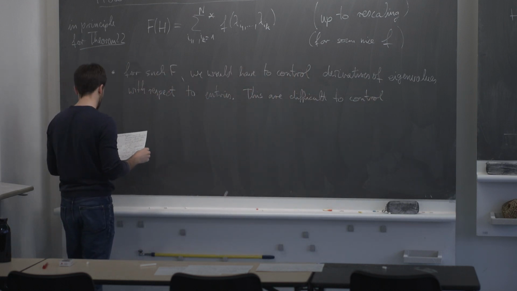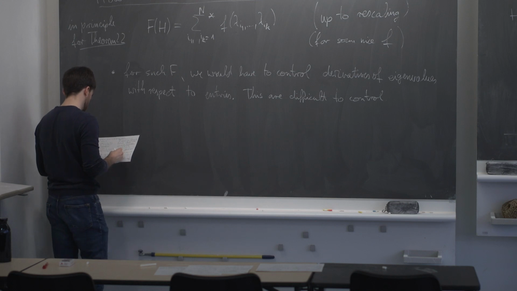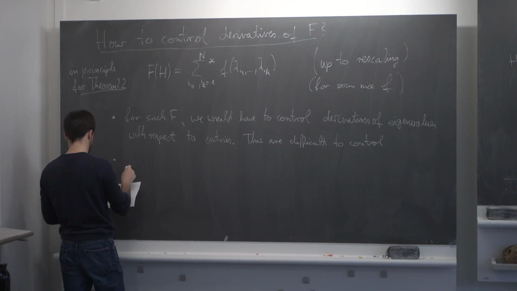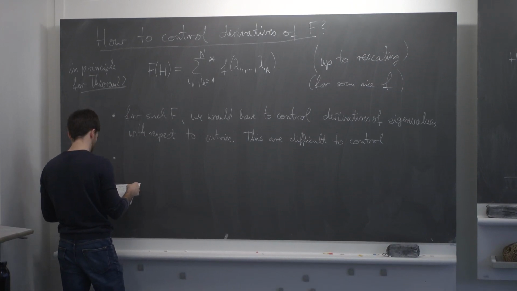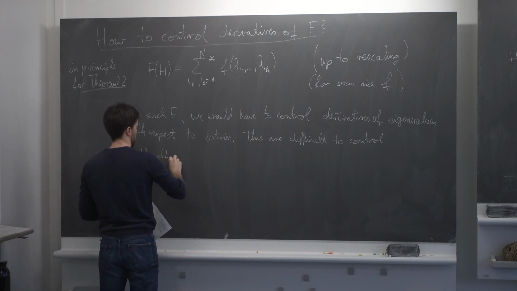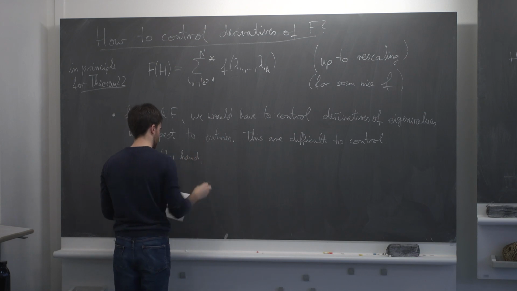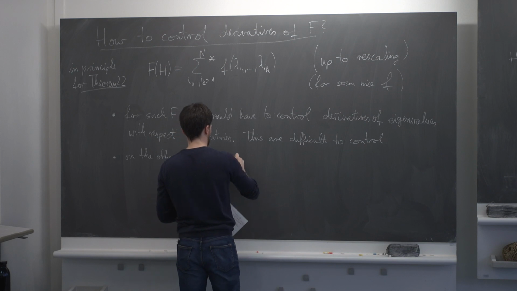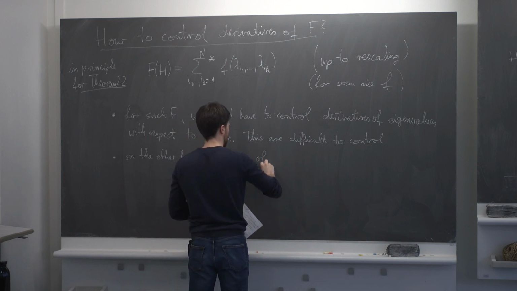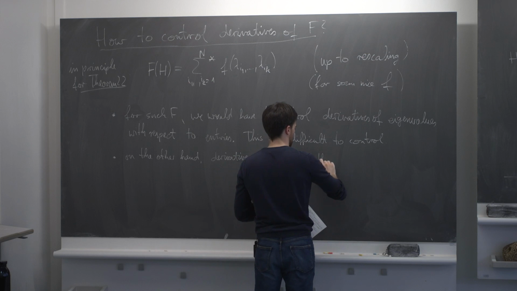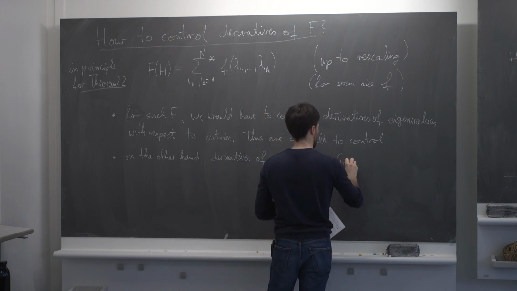On the other hand, if I use the Green function or the resolvent, then this is much better. So on the other hand, derivatives of entries of the Green function.